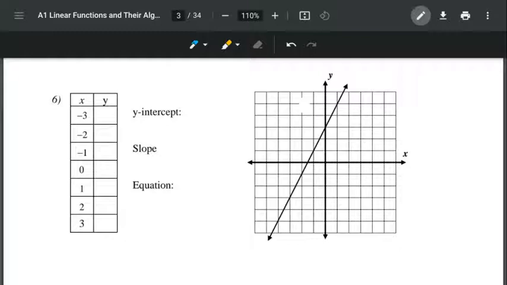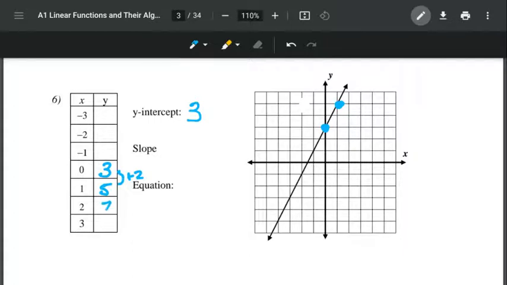For this one, you're not given anything on the table. You've got to find the points on the graph. So I always like to start with my y-intercept, which is a 3. So that's the point 0, 3. Then our next point is 1, 5. I could keep counting on my graph, but I'm not going to, because I can see this is going up by 2.